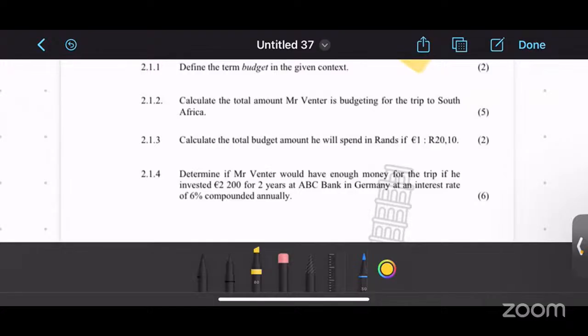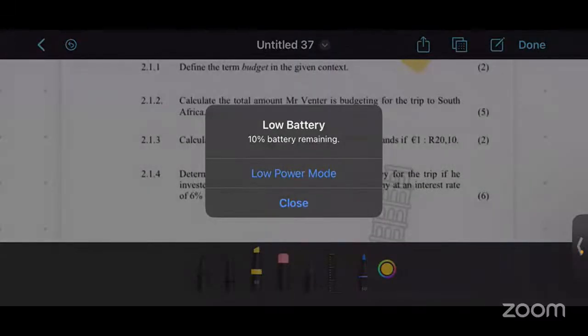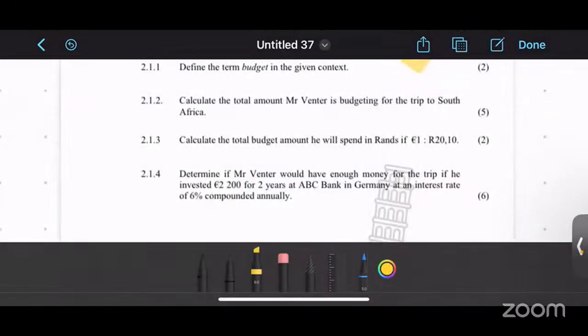And then I got my answer, which was 2,474.88 euros. You say how much did you get? I got 2,474.88.